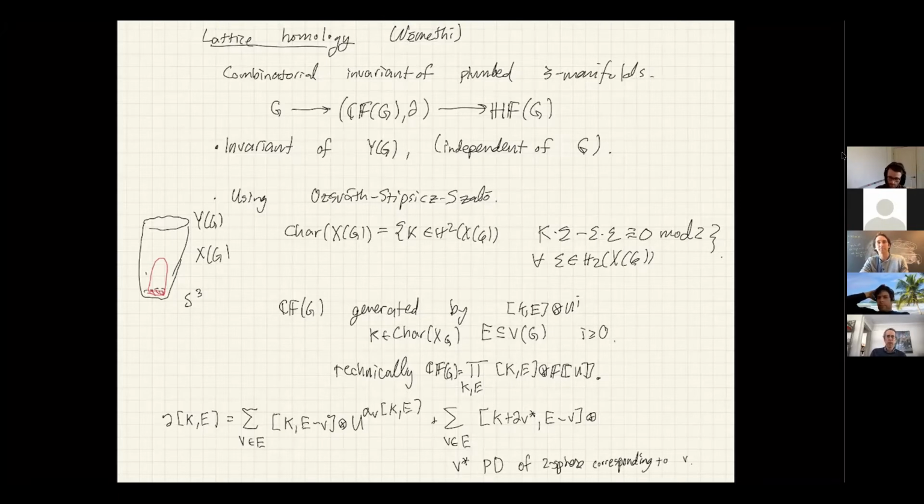Right. Okay, thanks. And then you multiply. So we have these two terms, and we multiply this by some power of U, which we won't talk about. Okay, any questions?